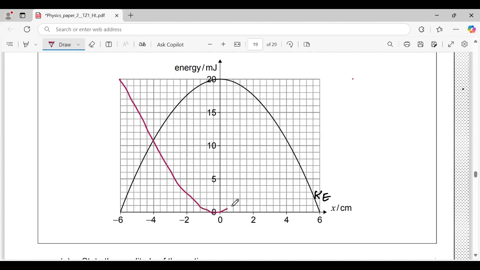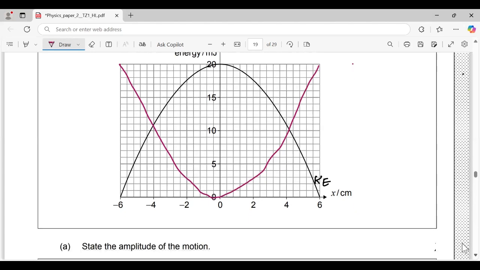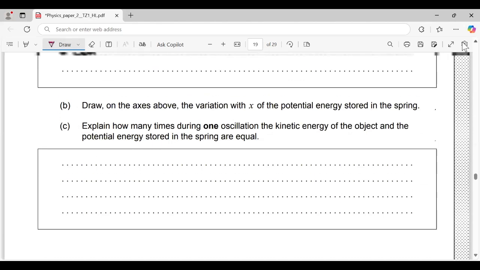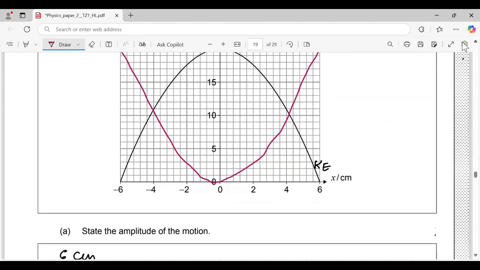Okay, so this is a potential energy graph.